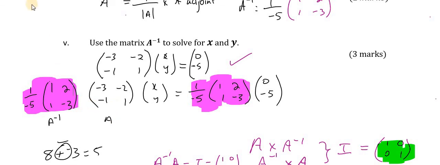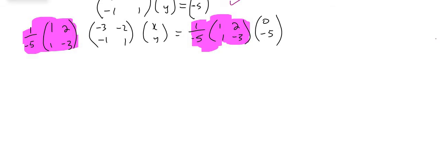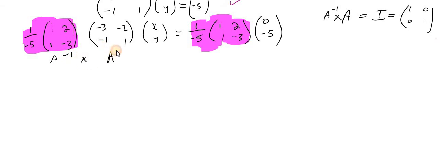Alright, so let's look at the result that we're going to have. What we learned earlier is that a matrix multiplied by its inverse will give us the identity matrix, which is a 2 by 2 matrix with the components 1, 0, 0, 1. So this is A inverse multiplying by A here, right?